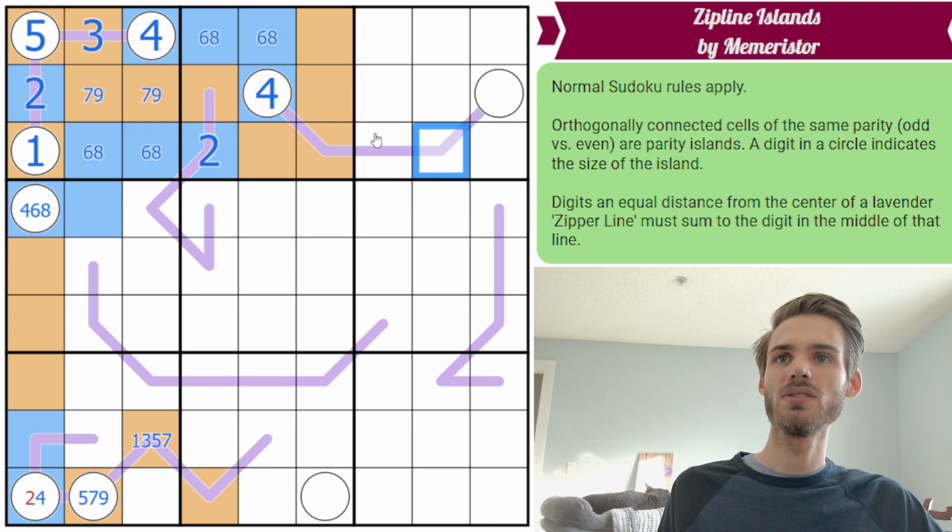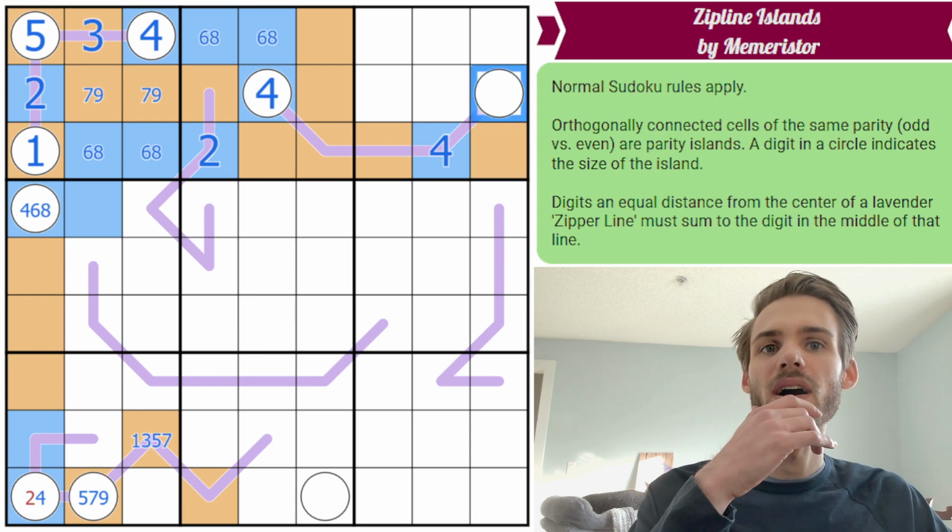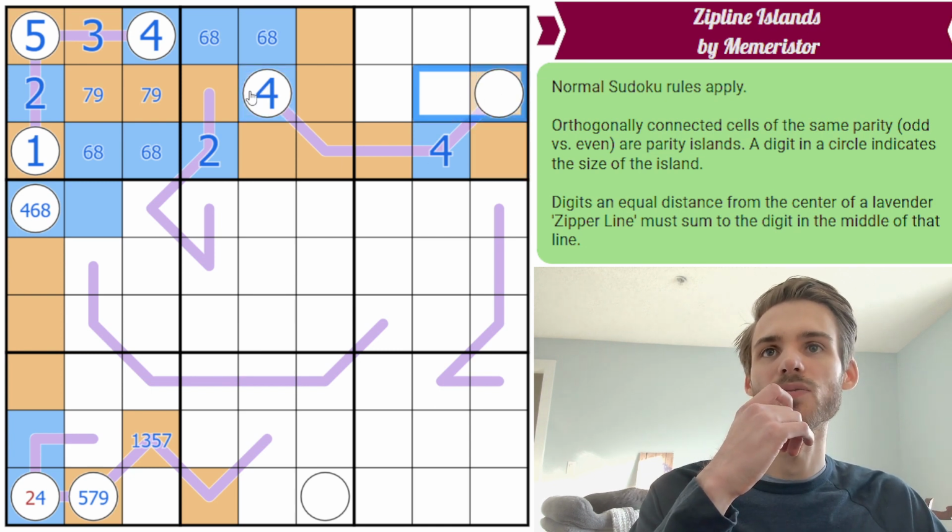We know that, well, the 4 obviously goes down here, and that can't be a 4, so that has to be odd, which means that this has to be even to match with this odd, which means it is the 4. And that's odd. That has to be odd as well to match with this 4.